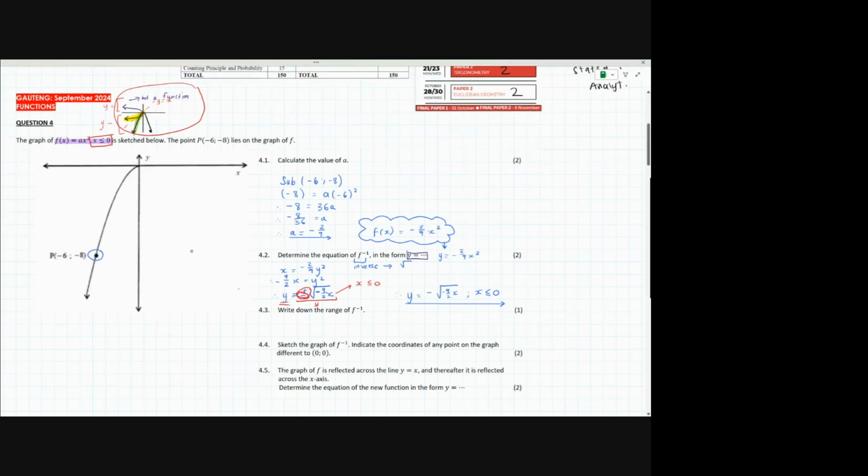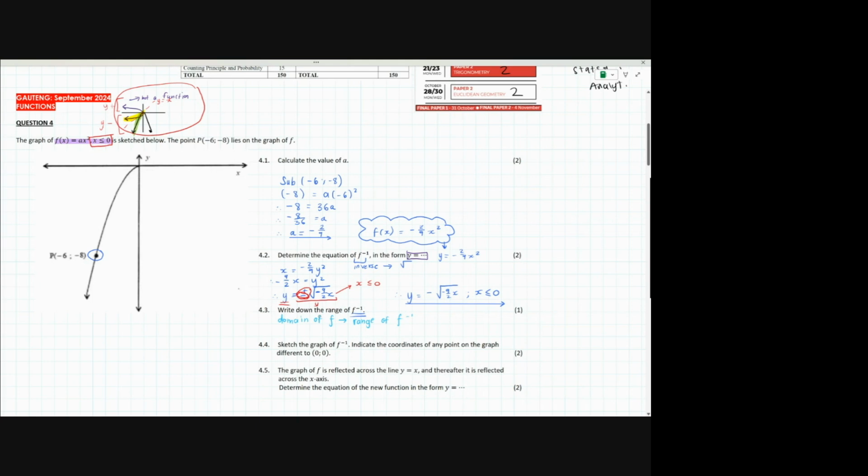Right, 4.3 then asks us to write down the range of this inverse function. Now, again, what we need to remember is that A, you could probably just visualize it for yourselves, but B, the inverse situation is this whole idea of swapping characteristics. And so what that means is the domain of our original function will become the range of the inverse, this idea of swapping x's and y's.